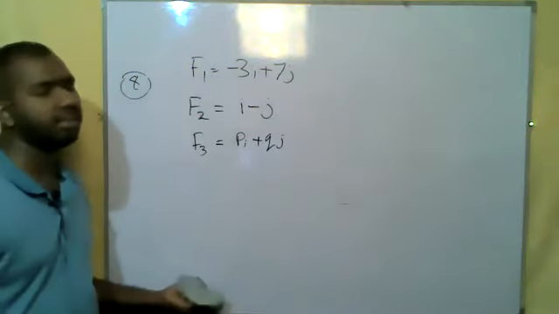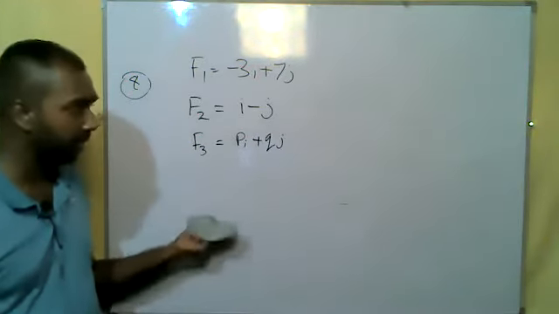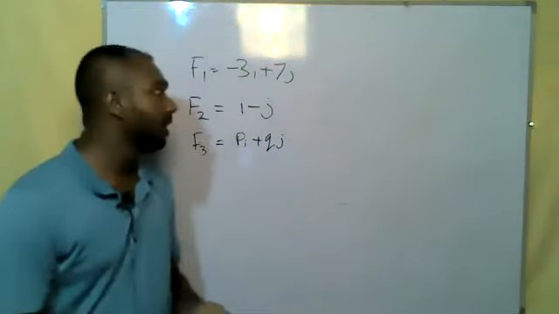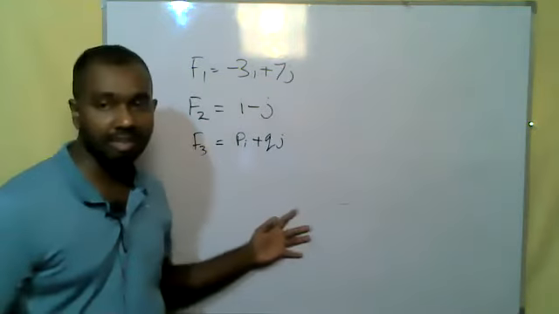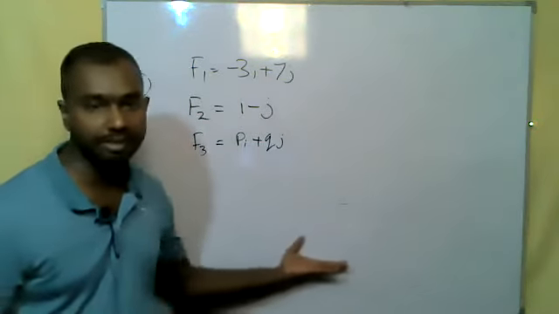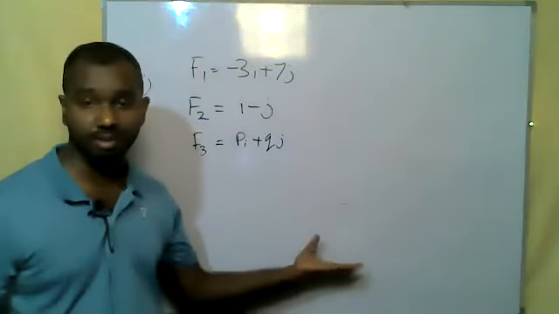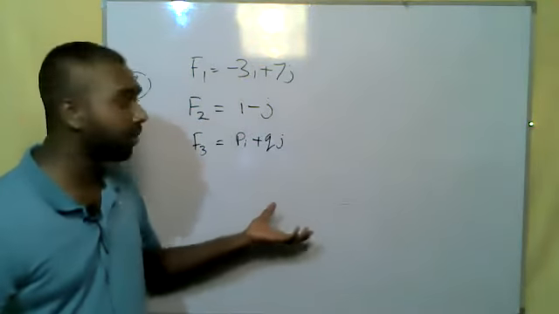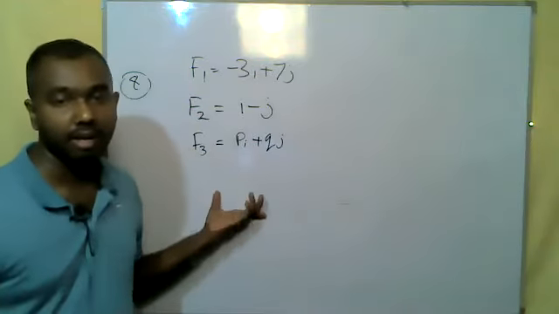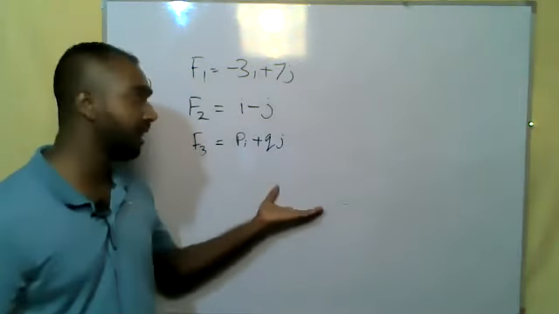So what does this equilibrium mean? That means either the object is moving with a constant velocity or it is at rest. That means there is no resultant force. The value of the resultant force acting on this body should be equal to 0.